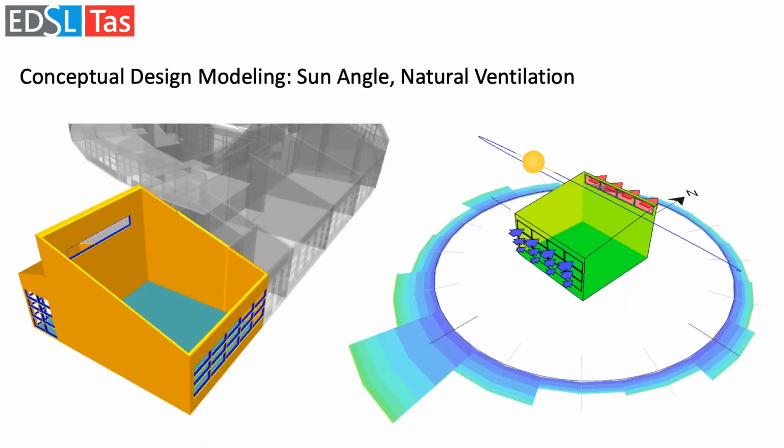Then basically building up into schematic conceptual design, where maybe you don't know the final shape of a building yet, but you know the space types you have to analyze, and you want to see how those exposures, different orientations, perform with different considerations. So this is looking at different sun angles for solar and sunlight exposure, and also daylighting analysis mixed in with natural ventilation.